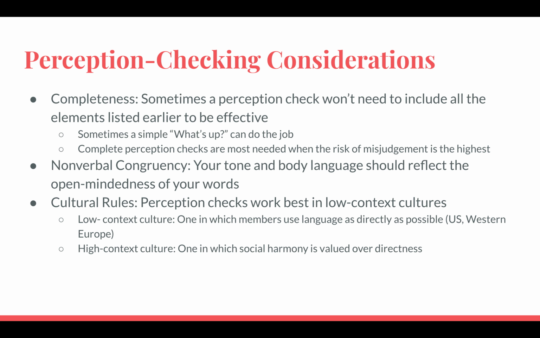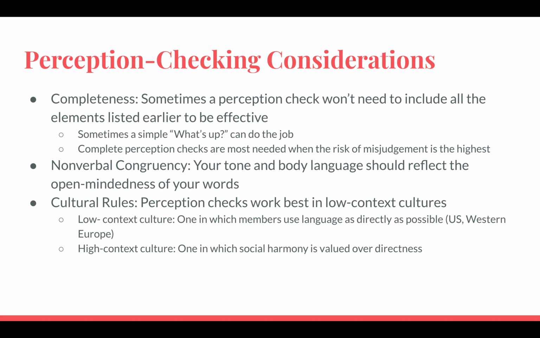Now, it's important to realize that sometimes you don't have to perform all three steps. Sometimes a perception check won't need to include all the elements listed on the last slide in order to be effective. Sometimes, particularly if you know the person, something as simple as, hey, what's up? What's going on with you? Can do the job. Generally speaking, complete perception checks following all three steps are most needed when the risk of misjudgment is the highest.